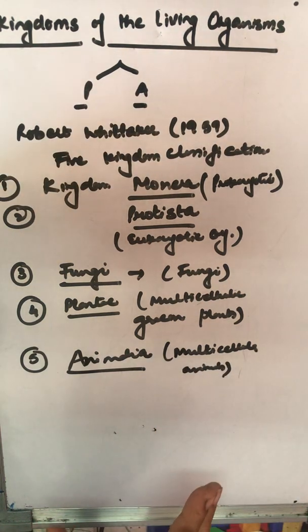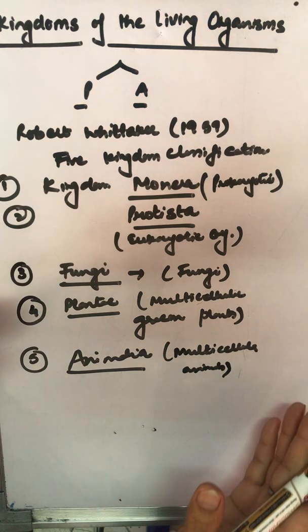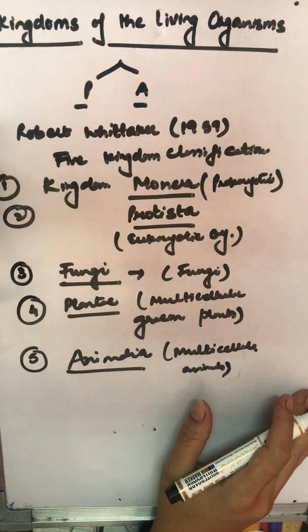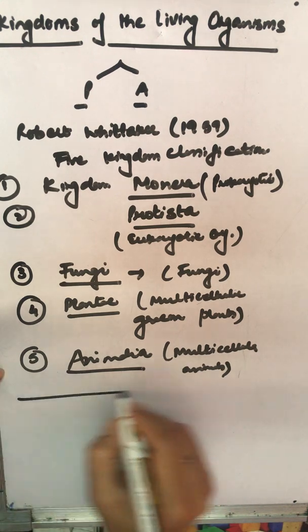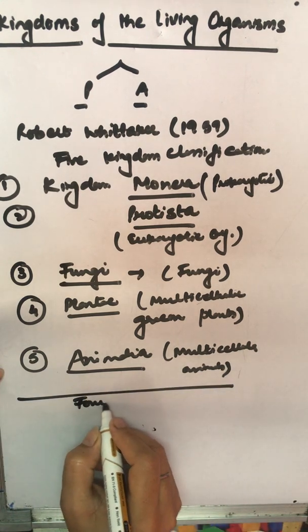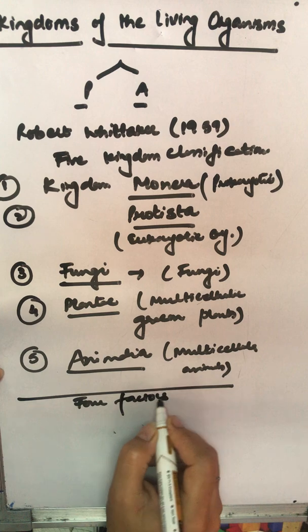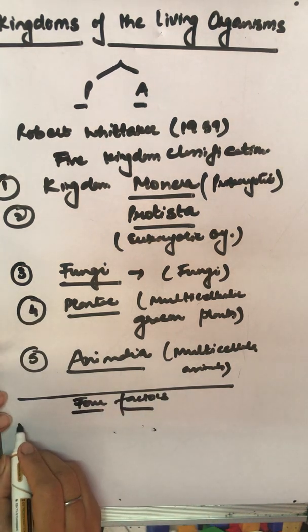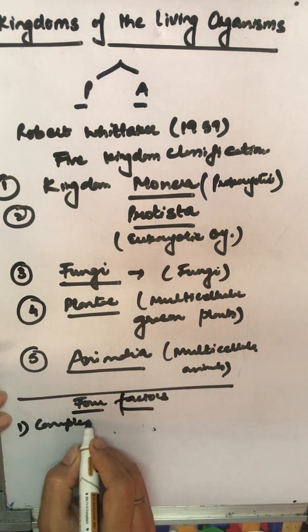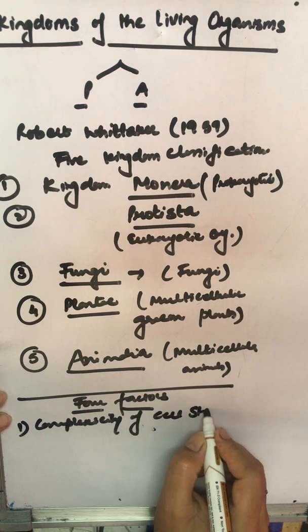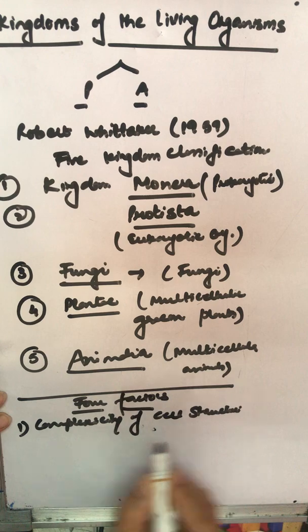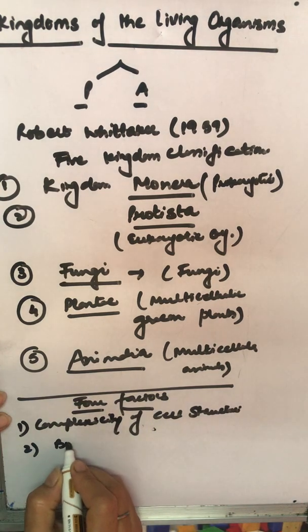Now, from the four kingdom classification to five kingdom classification, he basically classified organisms on the basis of four factors. What are these four factors? First is complexity of cell structure. Number 2, body organization.